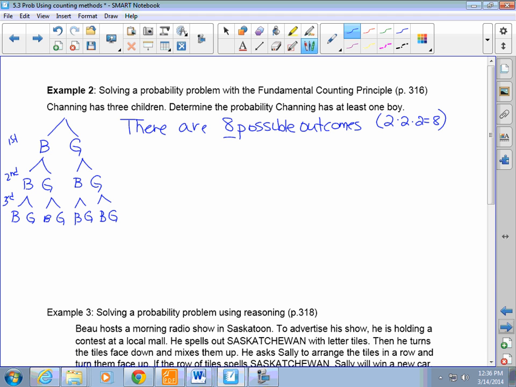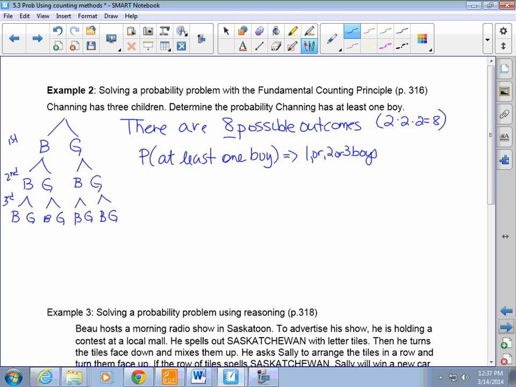So the probability of at least 1 boy, which is the same as having 1 or 2 or 3 boys. So if it's an or, then I know I am going to add them up. So what is the possibility of having 1 boy? It's 1. Possibility of having 2 boys, so there's another 2.